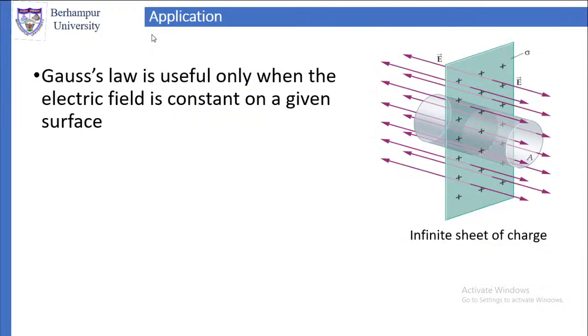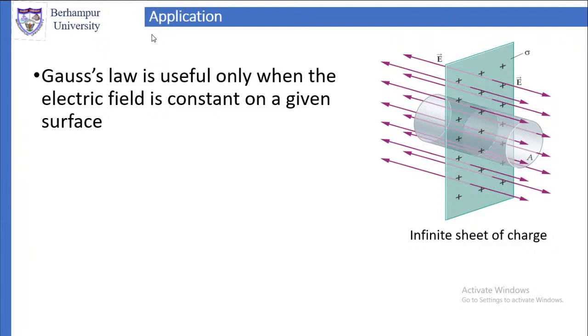So we discussed the flux and physically how the flux behaves here. And now let us look at an example or an application of the Gauss law that we discussed.